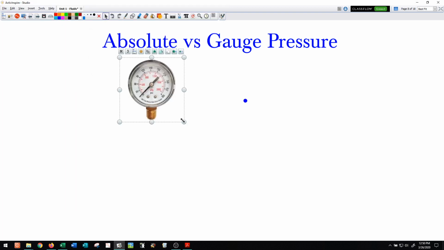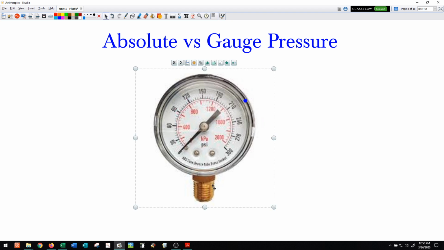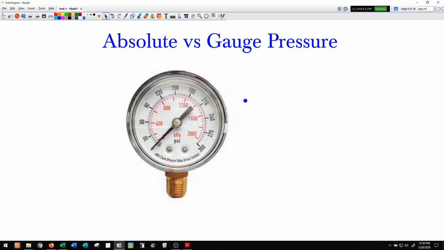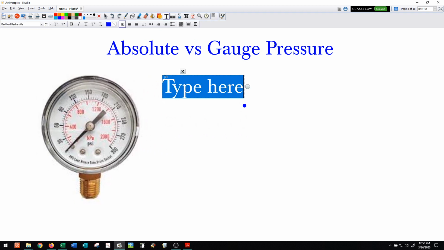Typically, these pressure gauges are arranged in such a way that a zero pressure would correspond to the atmospheric pressure, because you don't want to read a gauge and say, hey, I've got to also consider absolute pressure. So what they do is typically they say gauge pressure, which is what you would read off of this, is the real pressure of whatever fluid or system you're trying to measure minus the pressure of the atmosphere.